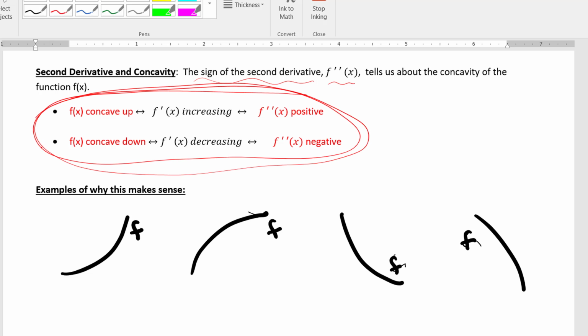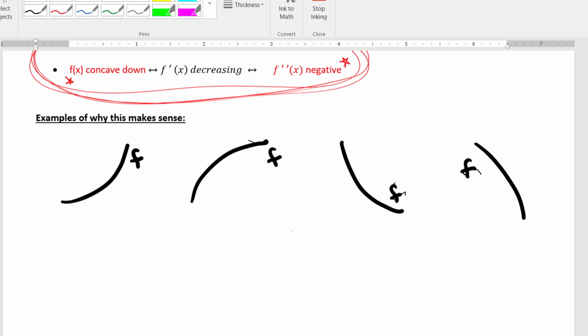You need to understand this just as easily as you understand f prime positive means f is increasing, f prime negative means f is decreasing. Similarly, f concave up means f double prime is positive, and f concave down means f double prime is negative. Let's walk through it and see why this makes sense.